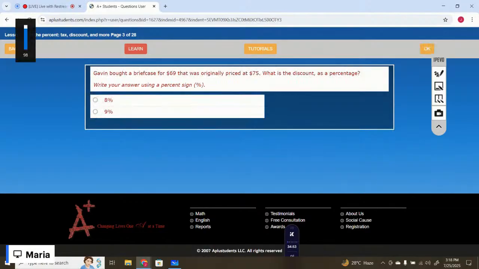Kevin bought a briefcase for $69 that was originally priced at $75. What is the discount as a percentage?